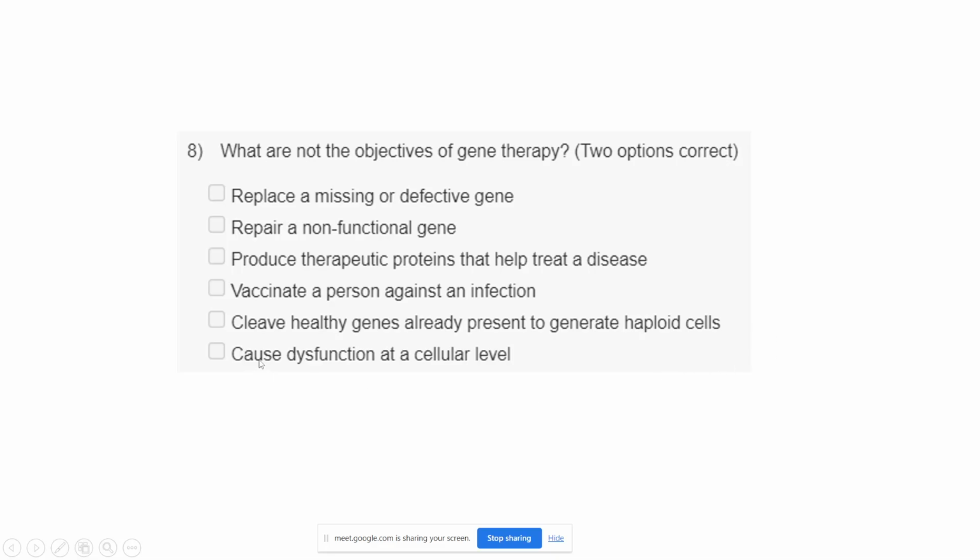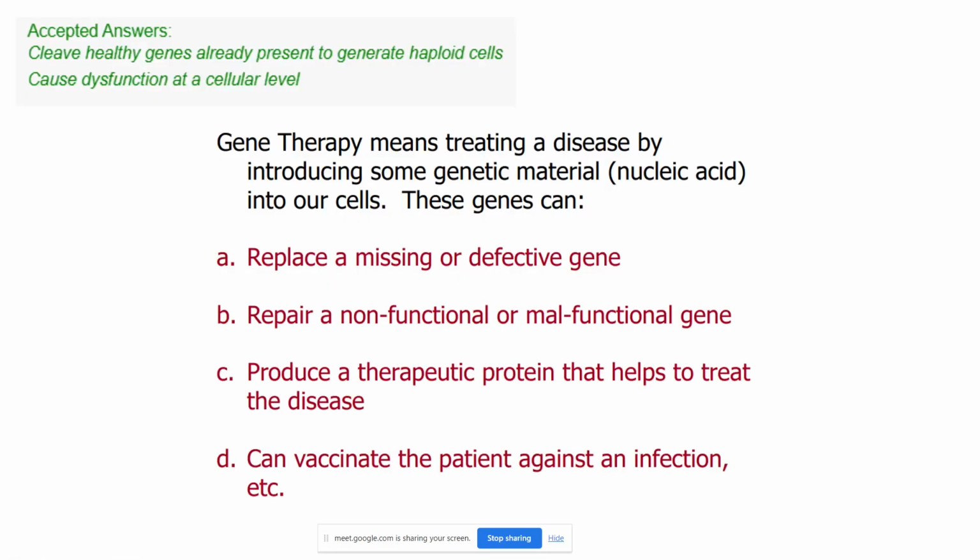Also, it should not cause dysfunction at a cellular level. We don't want these options when performing gene therapy. So these two options are not the objectives of gene therapy: cleave healthy genes already present to generate haploid cells and cause dysfunction at cellular level. The rest of the four options are the objectives of gene therapy.